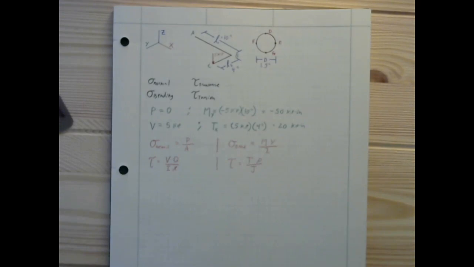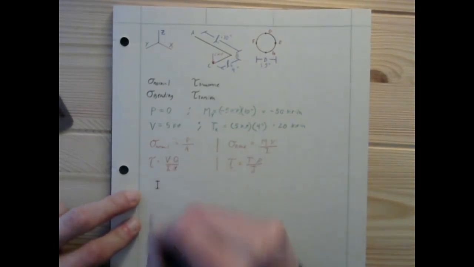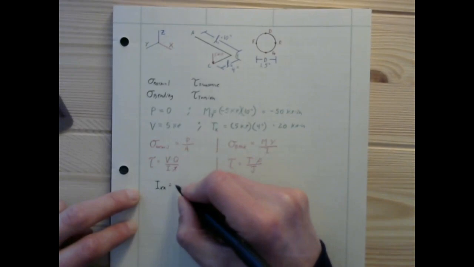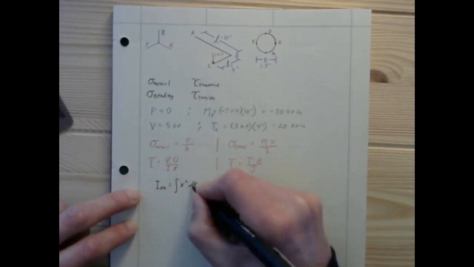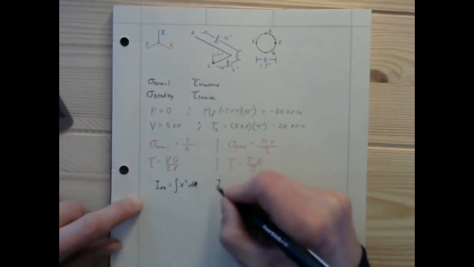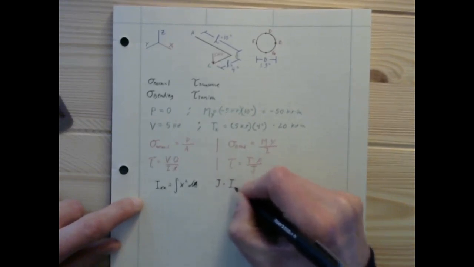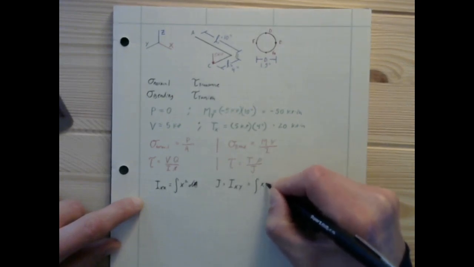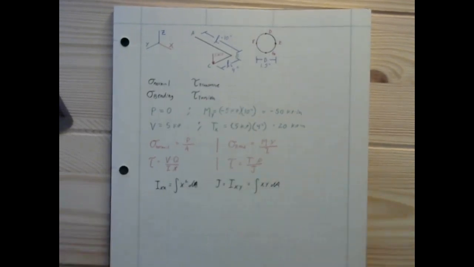Now, fortunately for us, when we're doing this problem, we want to know the second moment of inertia, I_xx, which is going to be the integral of x squared dA, and we are going to want to know J, which is really I_xy, the integral of x y dA.